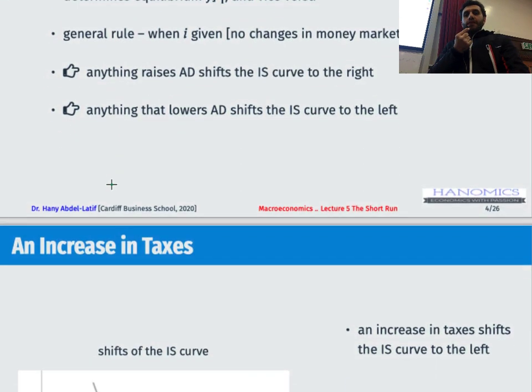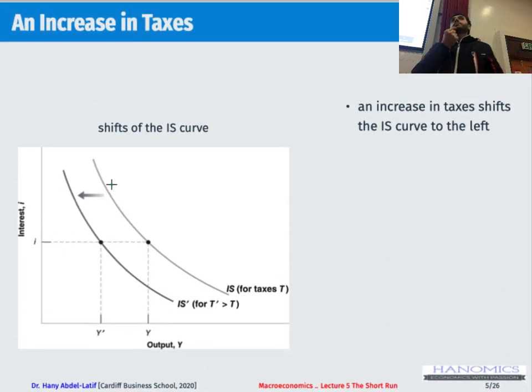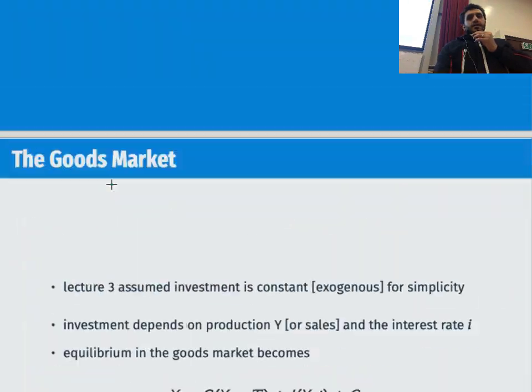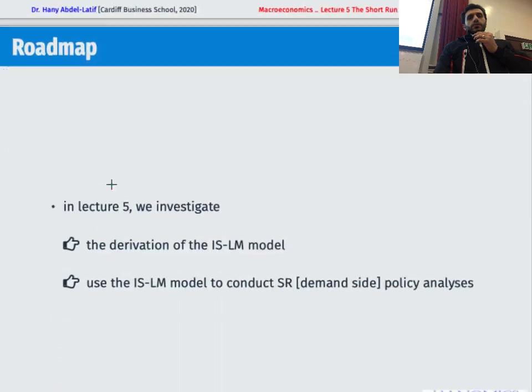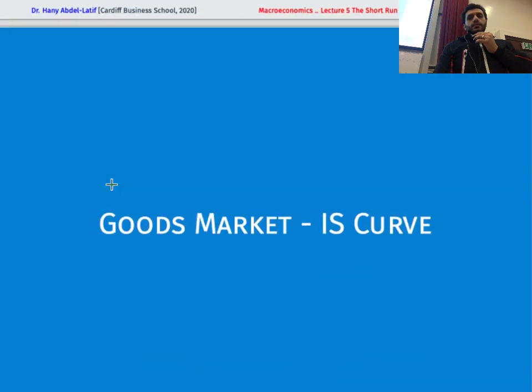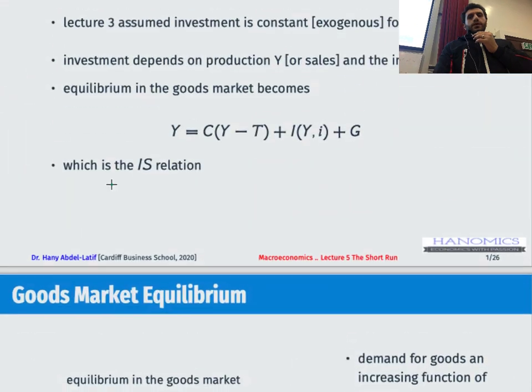As a very quick example, this is an example of an increase in taxes. Let's say there is a contractionary fiscal policy, and for whatever reason the government decided to increase taxes. How is this going to affect the IS curve? Remember, here we have taxes and the aggregate demand. Where did we go? Yeah, I think here.